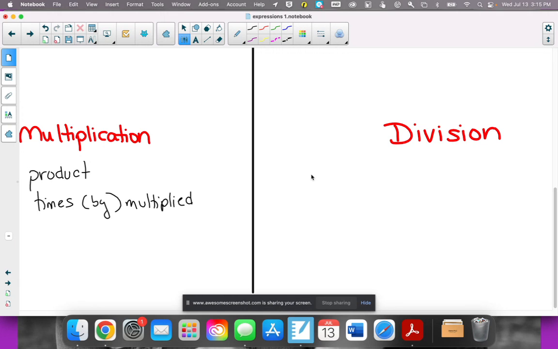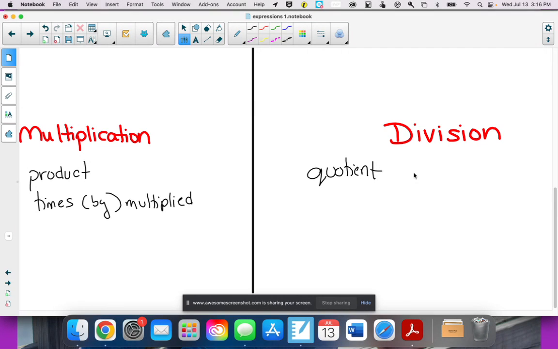Okay, so for division, the basic word on that one is quotient. I don't like using the word over, but I know when we read something and we say 5/4, it's about getting people to understand that fractions do mean division. Like I said, I don't like using the word over because it's not really correct as far as stating the operation.